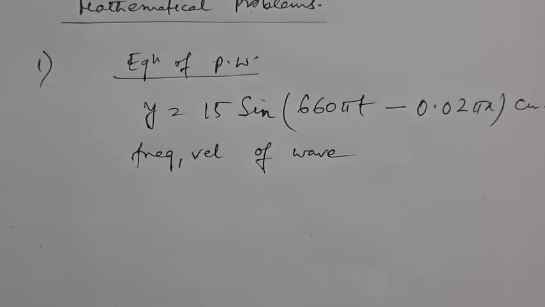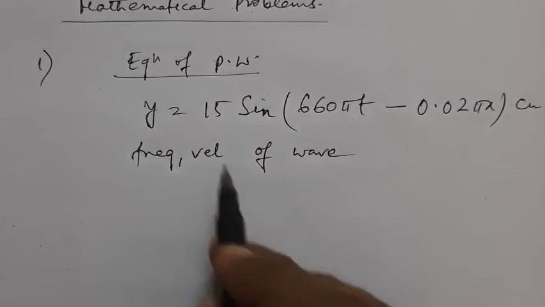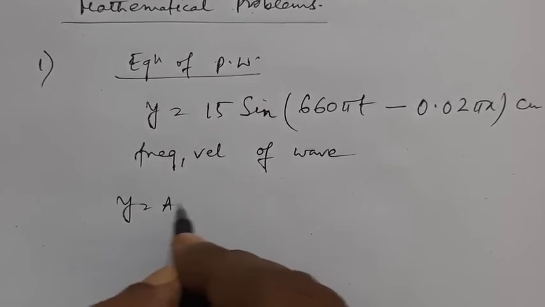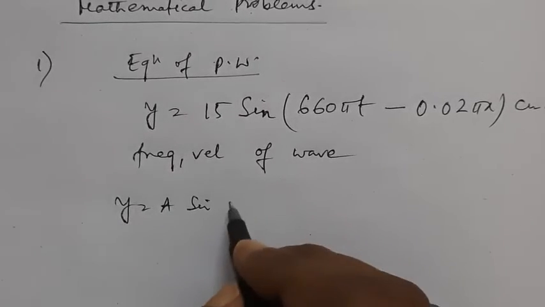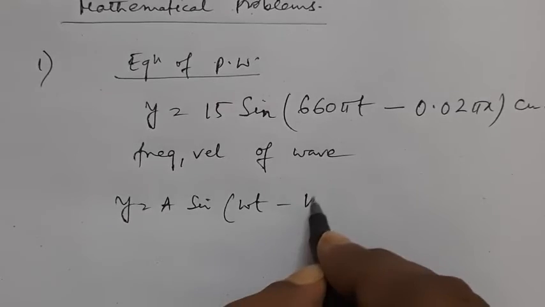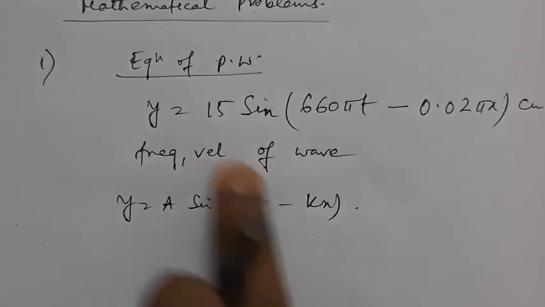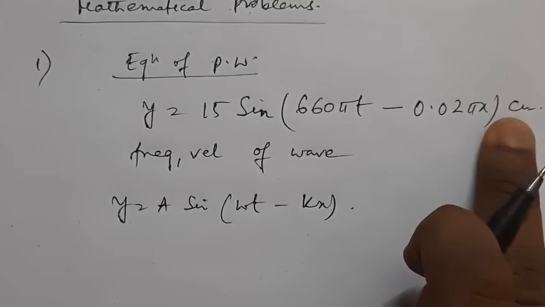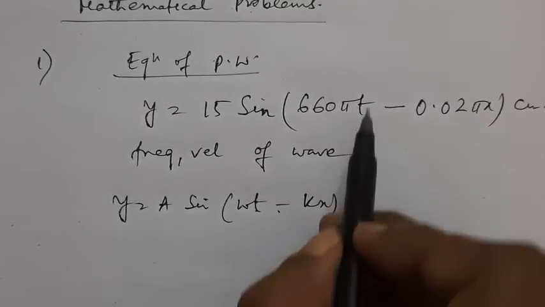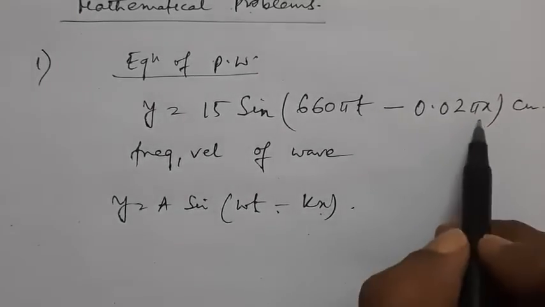The first formula you can write as y is equal to a sine of (omega t minus kx). If we compare this with this equation, then it fits right into this equation. Omega t is the t term, kx is the x term.